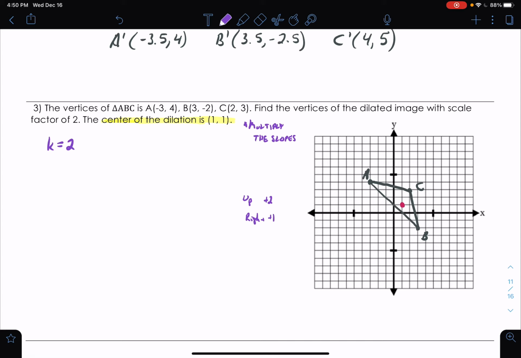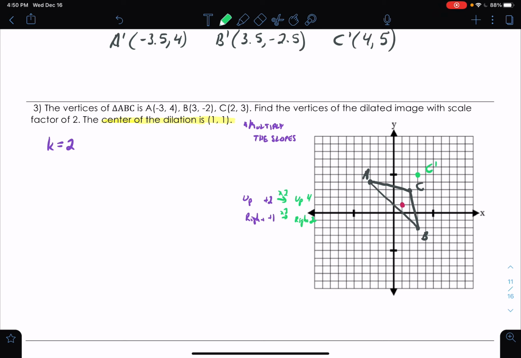Okay, my scale factor is 2. So I'm going to multiply both of these by 2. So from my center, I'm going to go up 4, right 2. And that's going to be the location of C'. We're doubling the slope. We're saying, instead of going up 2 to the right 1, my scale factor is 2, so I need to double that. I need to go up 4, right 2.